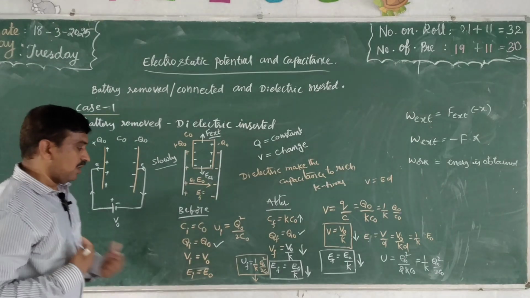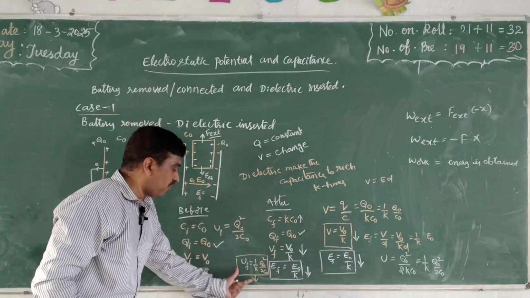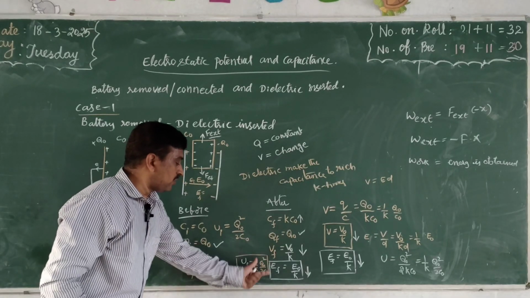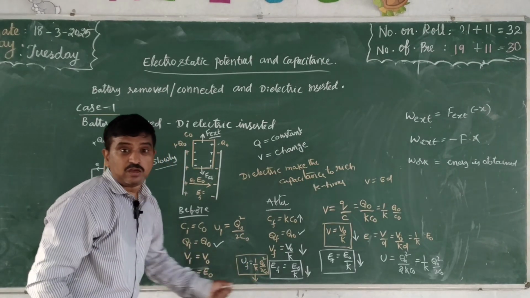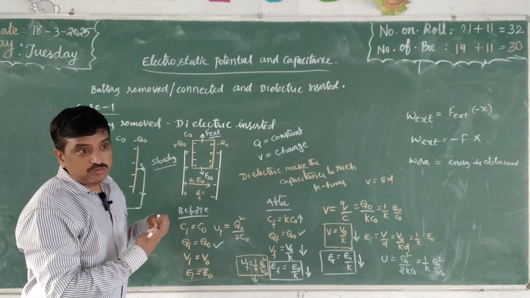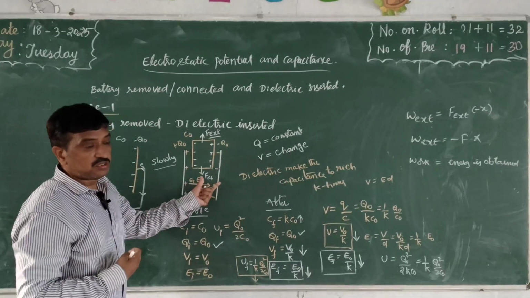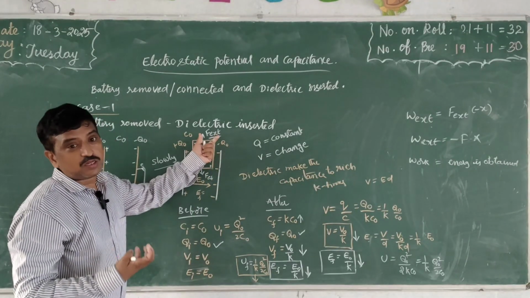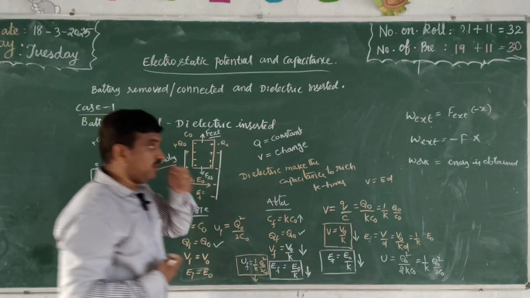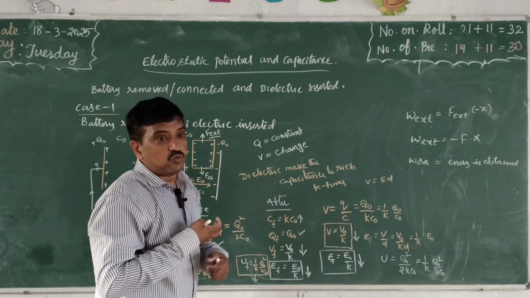What happened here? Potential energy is Q naught square by 2 C naught initially, and finally Q naught square by 2 C naught into 1 by K, which means the potential energy decreased K times. So however much it decreases, that much energy we are gaining, because we are applying an external force. How much energy decreased? The potential energy, and that much energy we are obtaining.